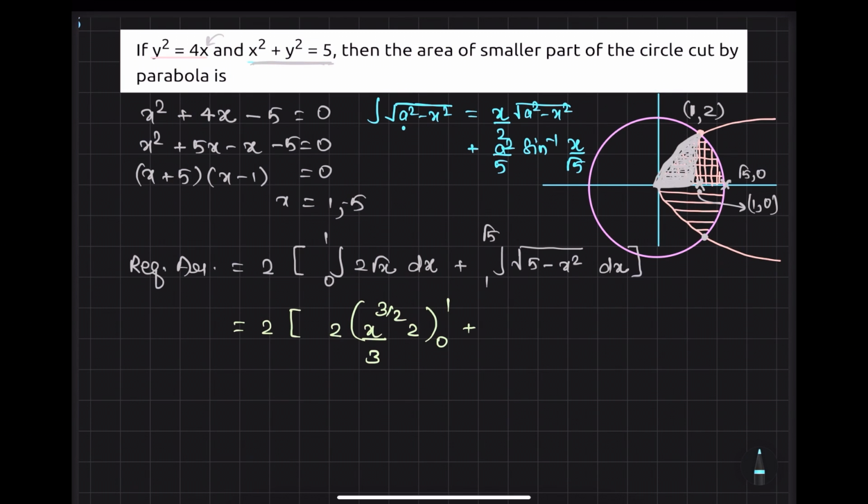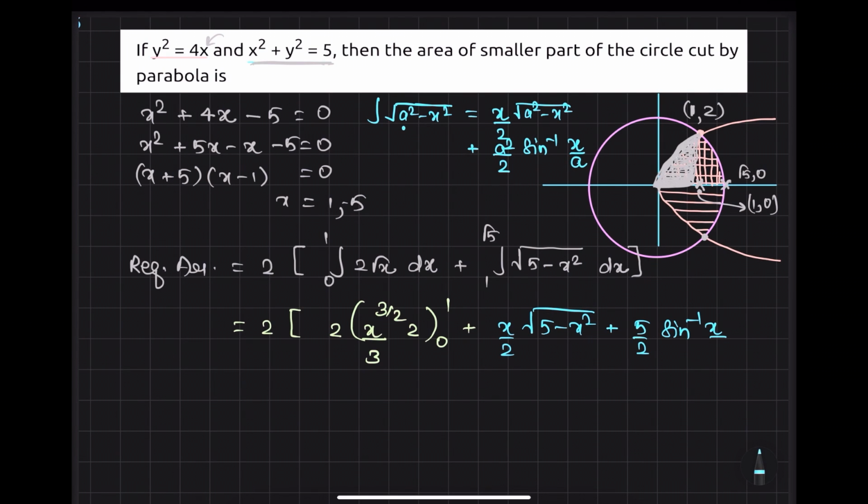So here also we will apply the same logic. Look at this. So can I write x by 2 into root of 5 minus x square plus a square by 2, here it is a square by 2. Now it is 5 by 2, and then sine inverse of x by a.